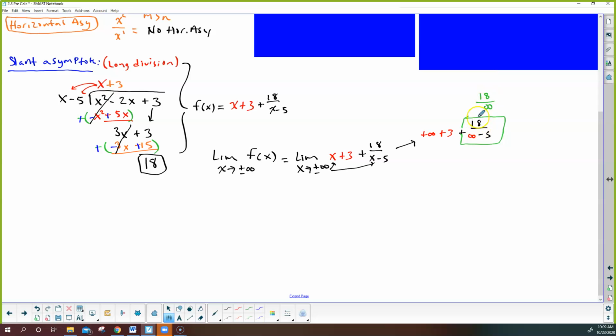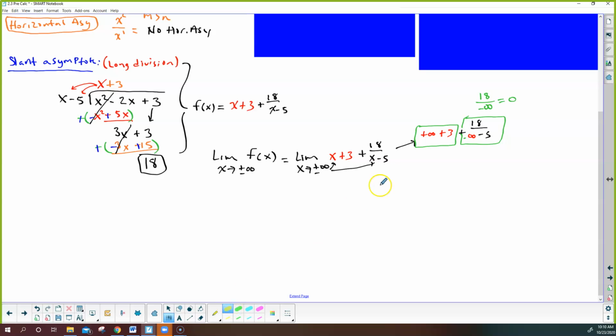So what is this part going to turn into? 18 divided into an infinite amount of pieces is really equal to 0, which means this part is going to go away. And the same thing will be true if we head to negative infinity. If I made this a negative infinity, this piece is going to be 18 divided by negative infinity, which is still 0, which tells me the only part that decides where my graph is going is this piece right here.